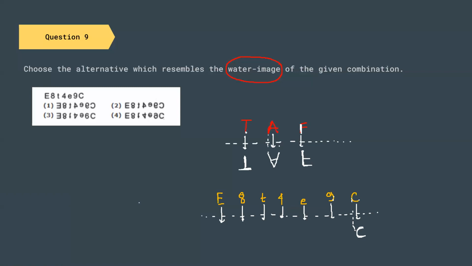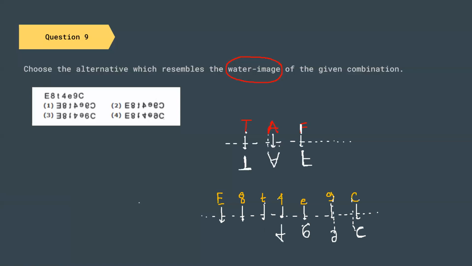For 9, this will be translated here first, and this will be translated like this. For E, this will be translated here, and this will be translated here, and so E will look like this. For 4, this vertical line will be translated here, this will be translated here, so it will look like this.